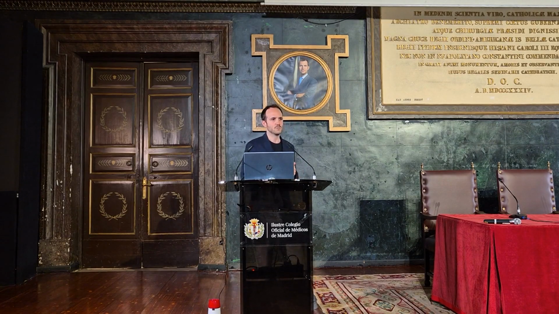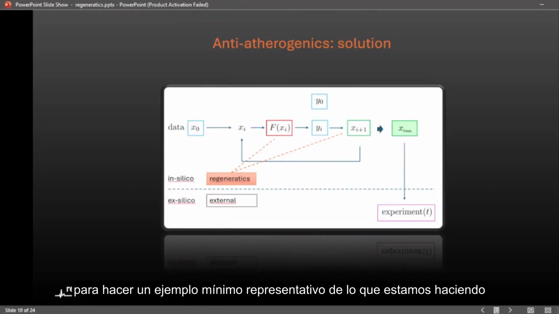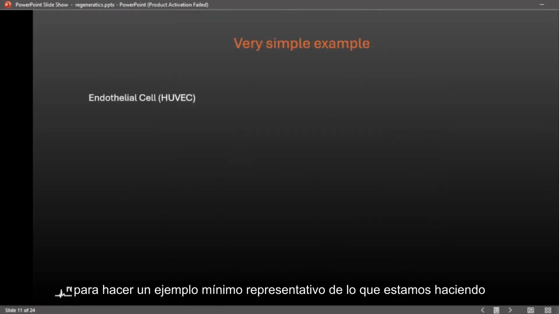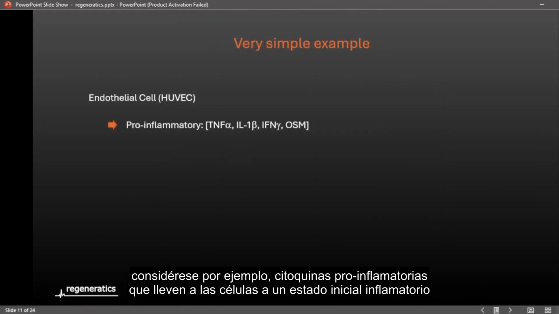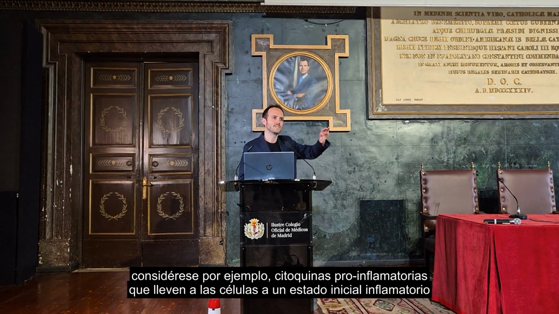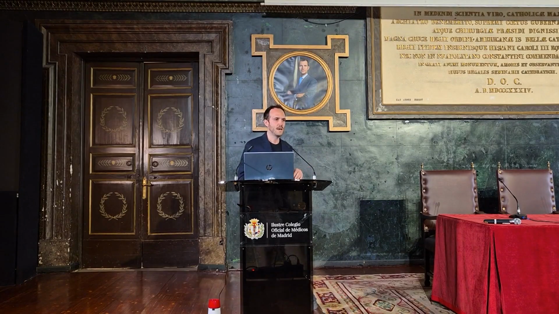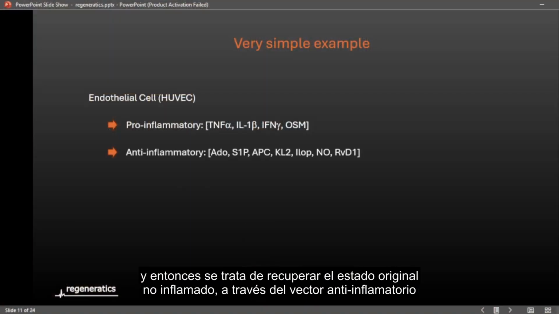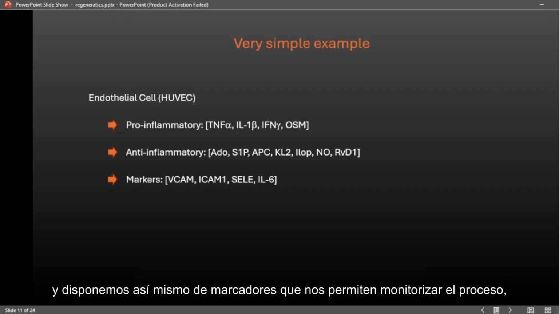So, to give a very simplistic scenario of what I'm doing, consider, for example, these pro-inflammatory cytokines, to drive the cell into an initial inflammatory state, and then we are trying to recover the initial state with different anti-inflammatory vectors. Of course, we have some markers to see how things are going.